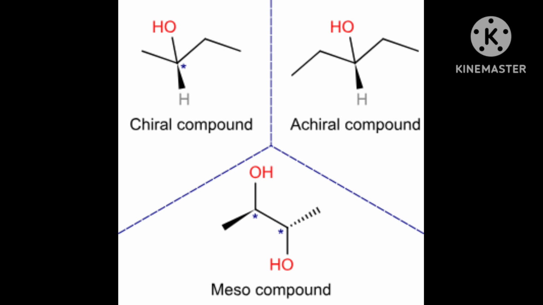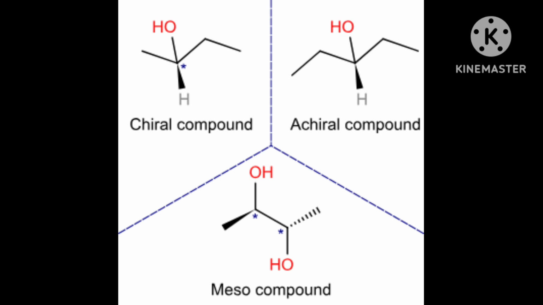Then both will be called enantiomers. Mirror image also enantiomer and original also enantiomer because both are non-superimposable. And these two molecules will be called enantiomers, means a pair. The pair will be called, both molecules will be called enantiomers.